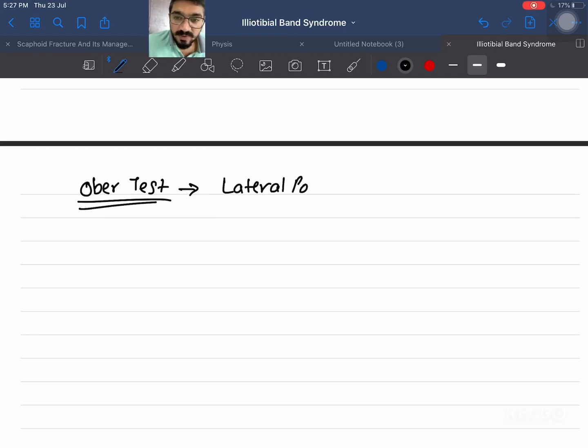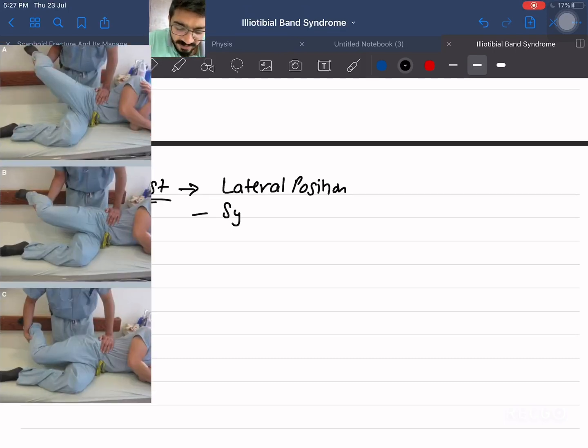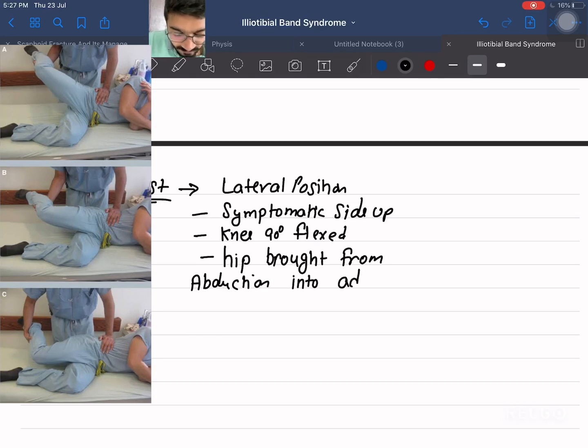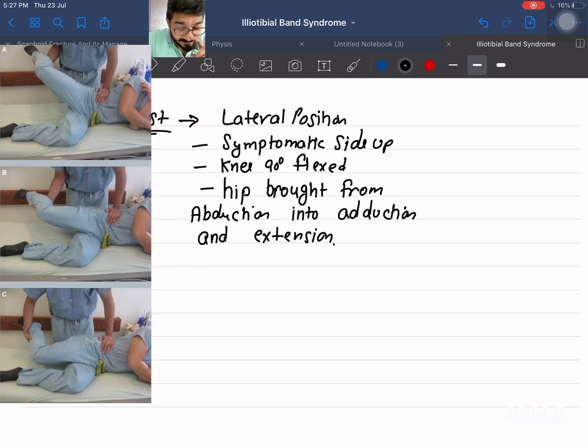Regarding the Ober test, the lateral position is given with the symptomatic side kept up and the knee flexed to 90 degrees. Then the hip is brought from flexion and abduction into adduction and extension. The test is positive if there is pain and tightness, or we feel clicking over the iliotibial band.